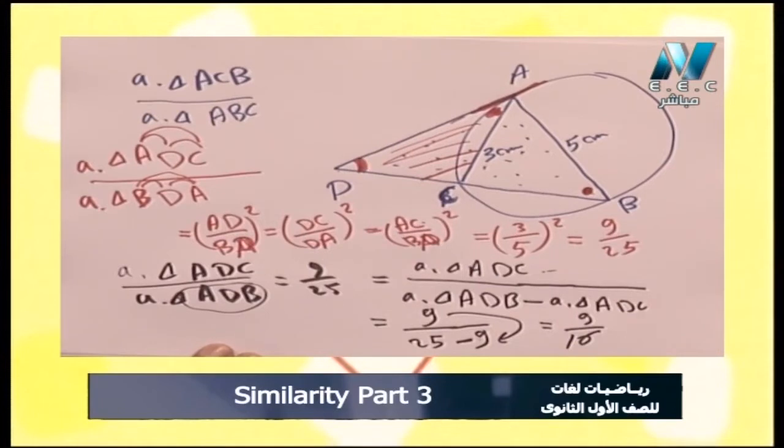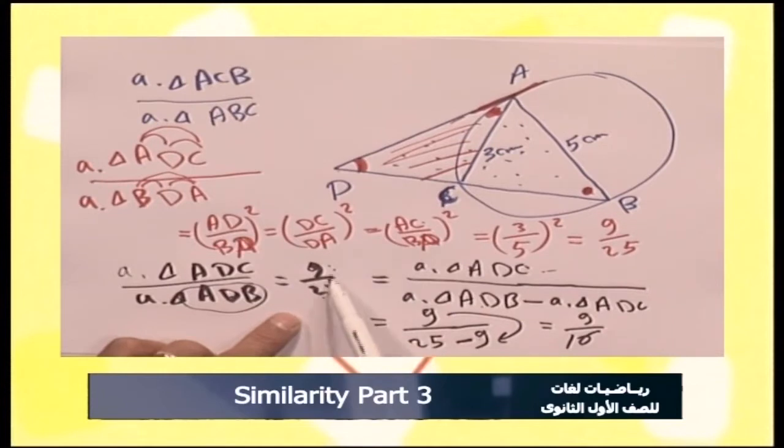So my dear students, if we subtract the denominator from the numerator, or here this one from 1, we make this also on the other side. So area of triangle ADC over area of triangle ADB minus the triangle ADC will be equal 9 over 25 minus 9, which will be 9 over 16.